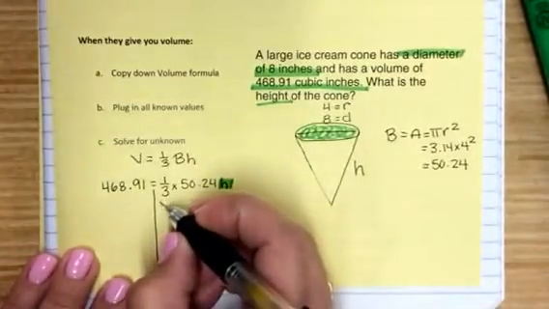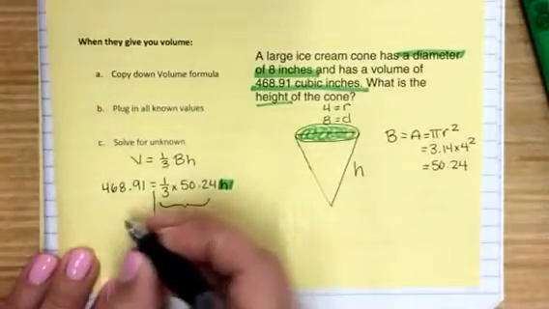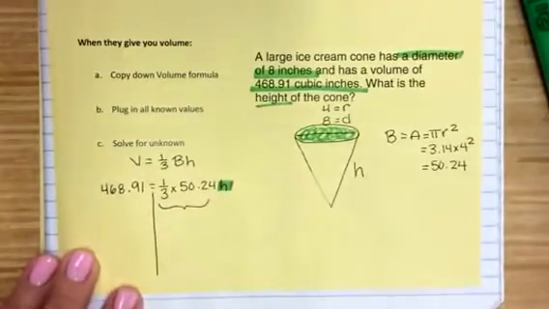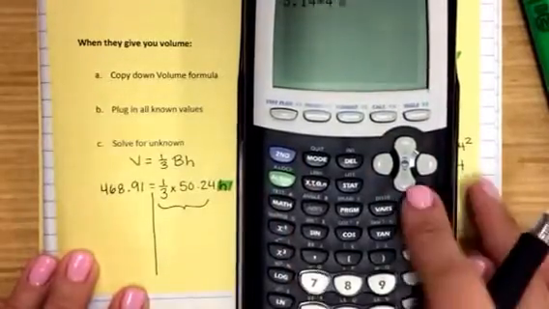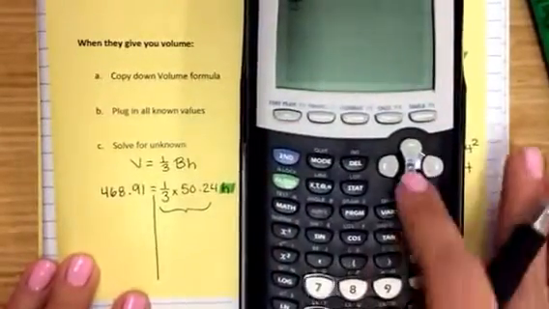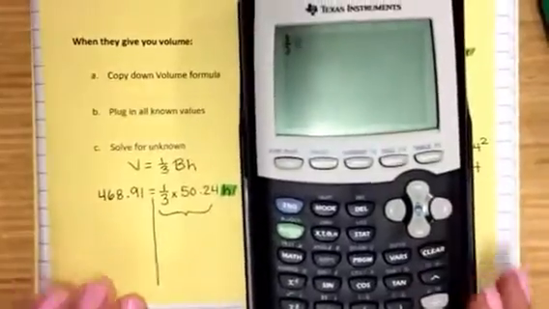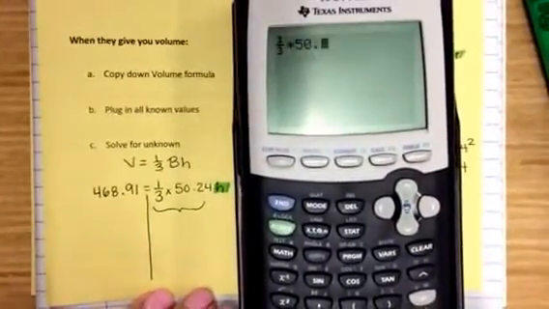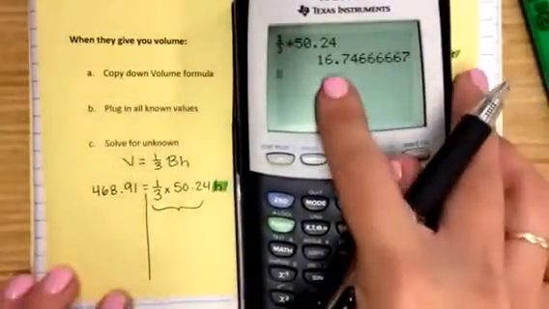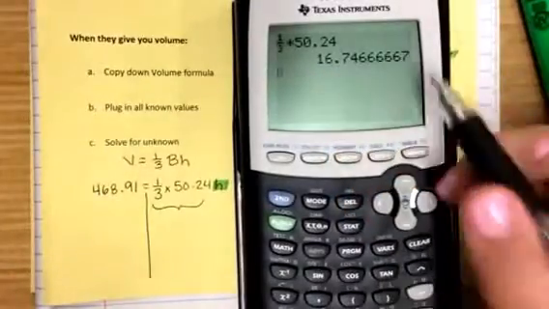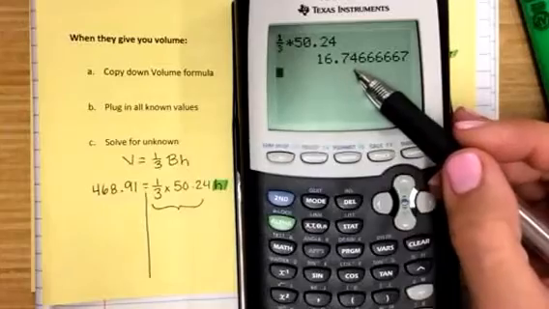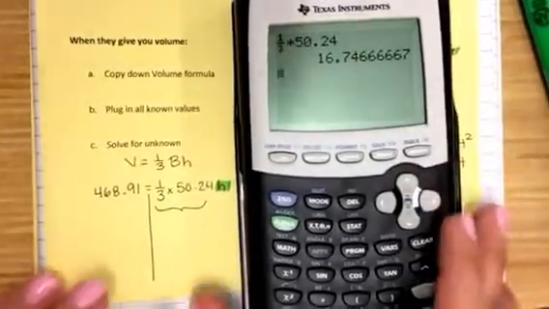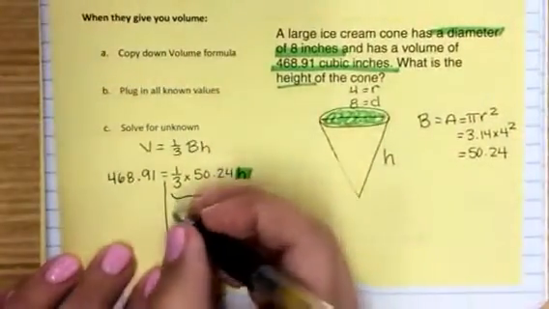The first thing that we can do is solve these two. One-third times 50.24, which gives me 16.74. We can just round it to the nearest tenth. So that will be the 7. Since you have a 4 next to it, it stays as a 7. So 16.7.